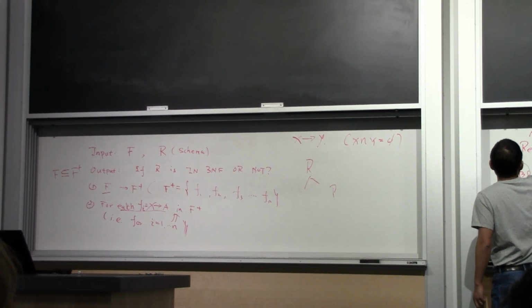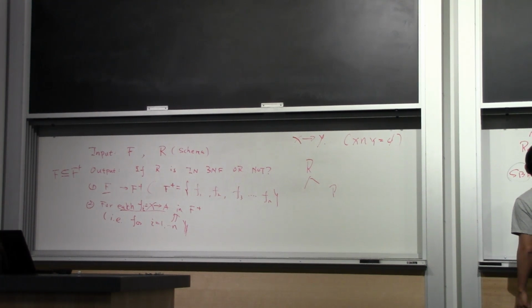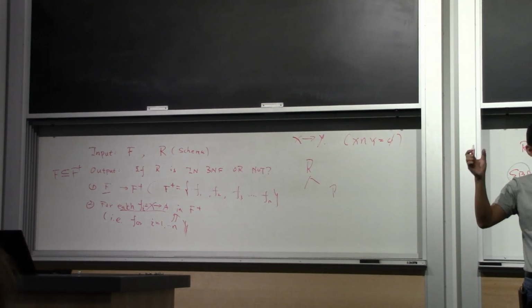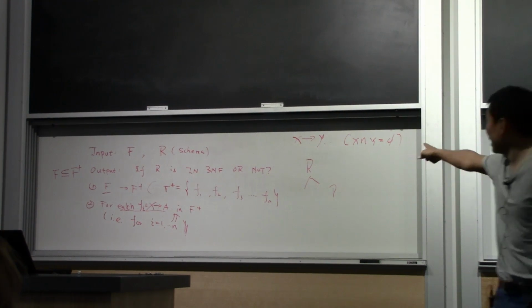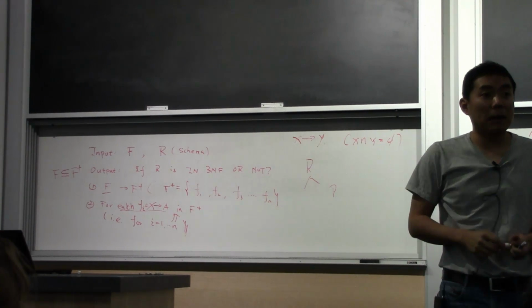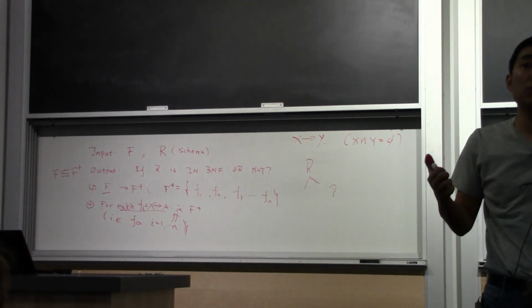AB determines CD is equivalent to AB determines C and AB determines D. So you can always make the right-hand side a single attribute so that X intersect Y is an empty set. Why? Because we don't care about trivial functional dependencies.